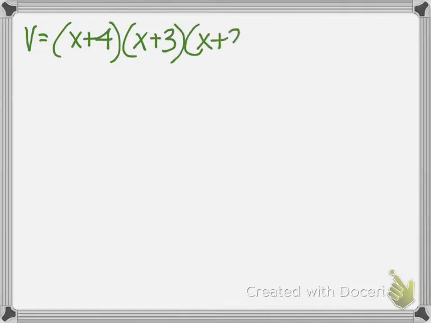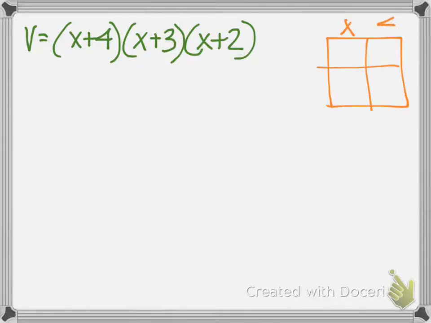Rewrite that equation. x plus 4 times x plus 3 times x plus 2. And let's multiply it out. Again, you could use an area model if you like. So if you want, draw your area model. You would have x and 4, x and 3. Multiply it out.